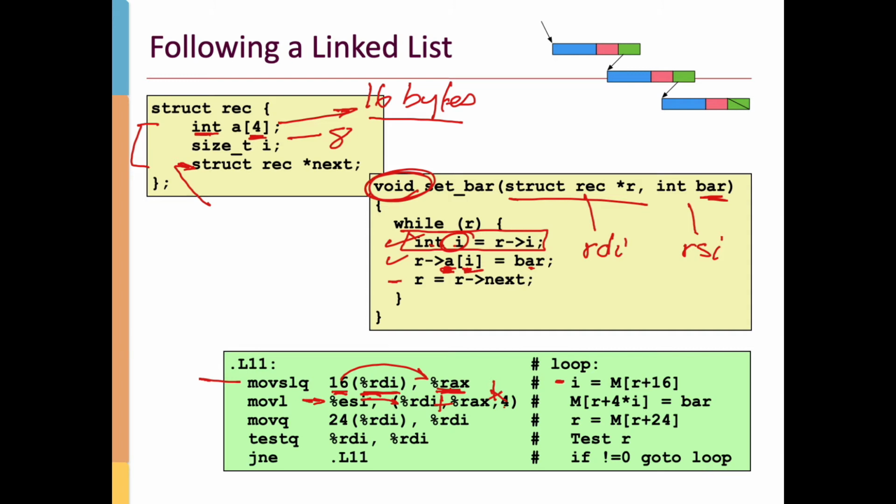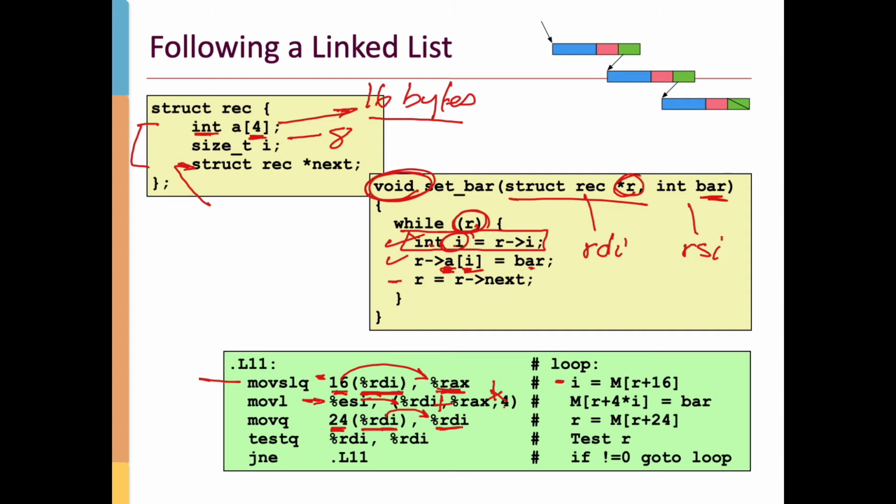So just like we did in the first instruction where we offset 16 bytes from the beginning of the structure, now we're going to offset 24 bytes from the beginning of the structure, grab that value, and put it actually back in RDI, because that's where we're storing the loop control variable, which we also happen to have passed in as a parameter to this function.